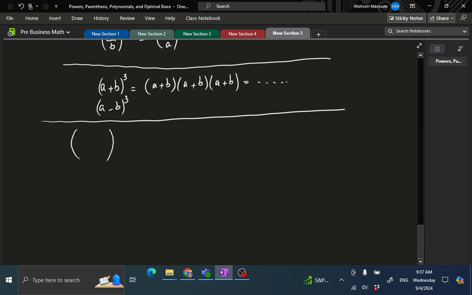Parentheses, as you see in mathematics, are written as these two curved brackets. Sometimes other notations get used, like square brackets, sometimes curly brackets, sometimes angle brackets, but this is the most common that we see.